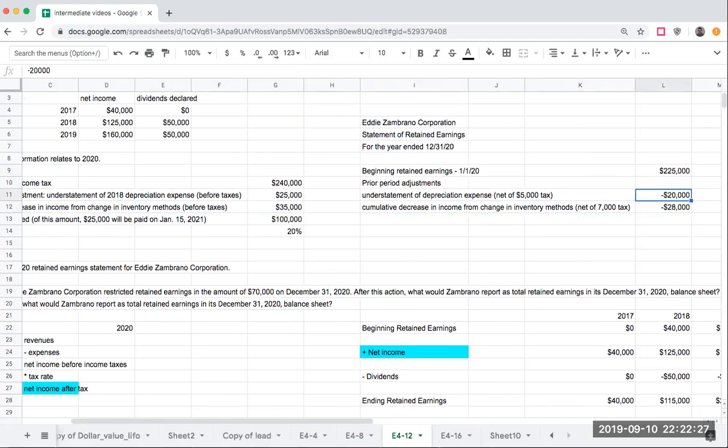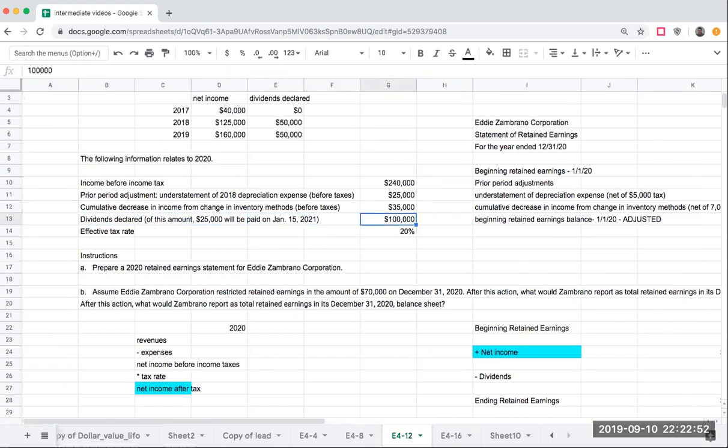And so if I'm comparing these numbers here, they need to be shown net of tax. So my beginning retained earnings balance as of 1/1/20 adjusted is going to be 225,000 minus 20,000 minus 28,000. So now I'm ready to move on.